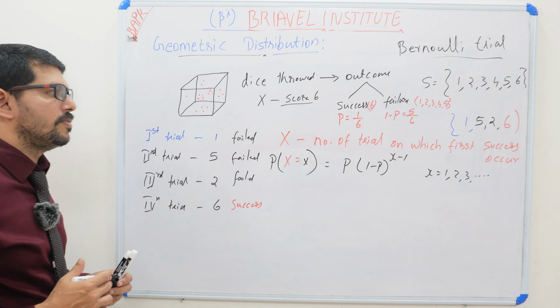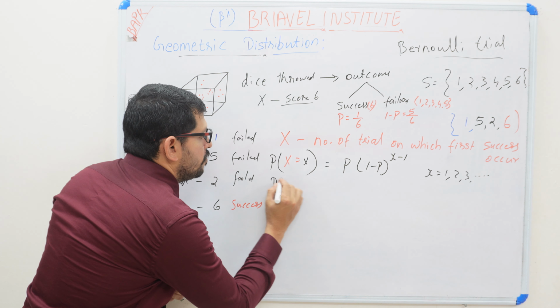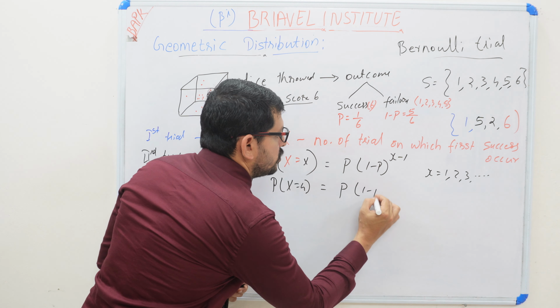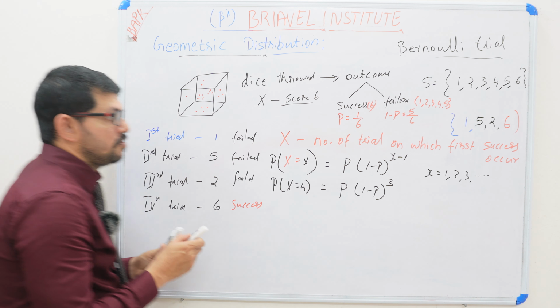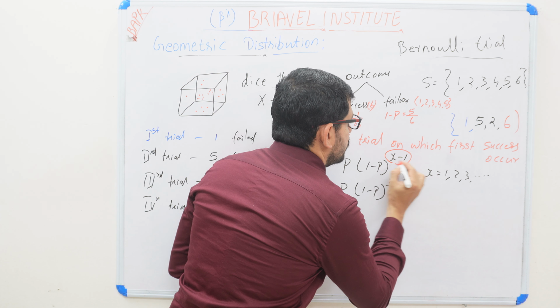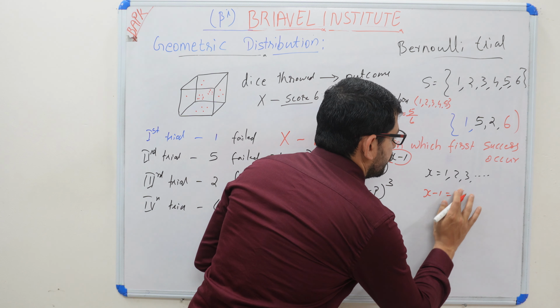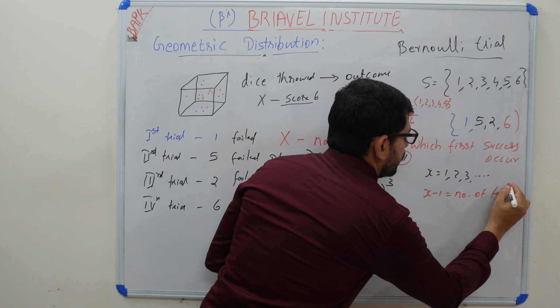So for X is equal to 4 we get P into 1 minus P raised to 3. Here x minus 1 is equal to the number of failures.